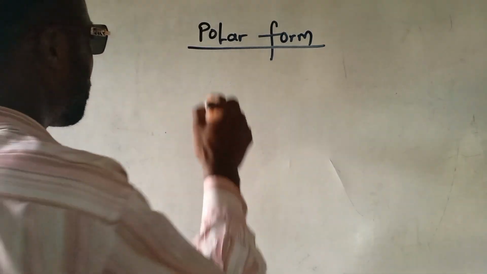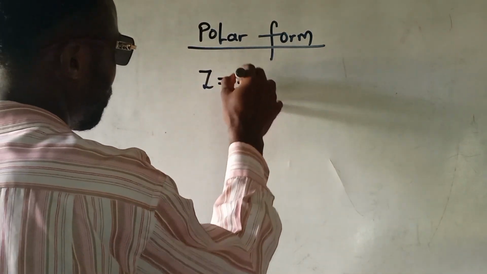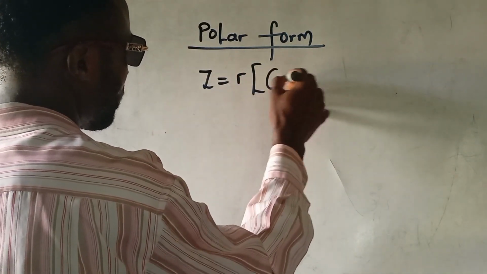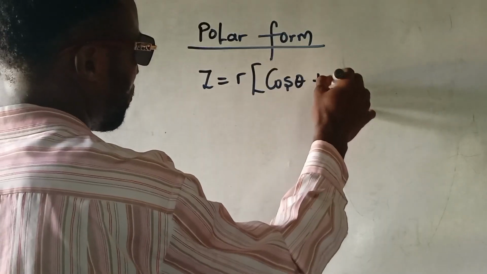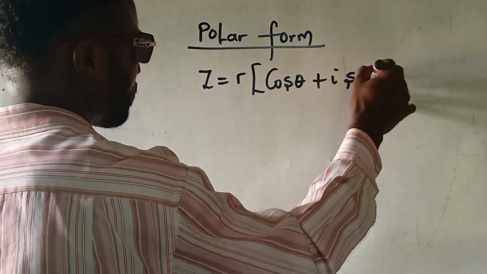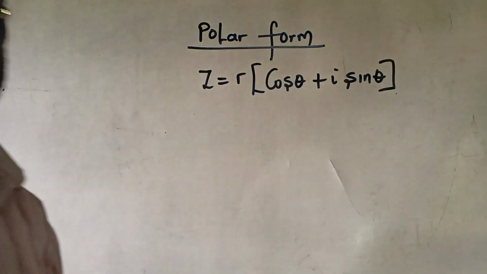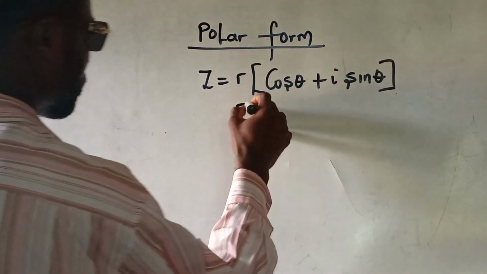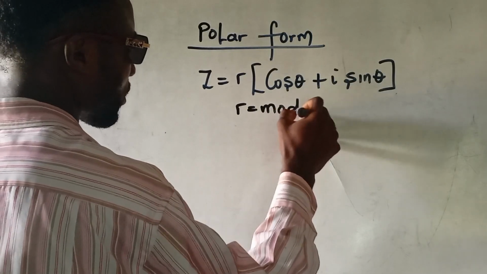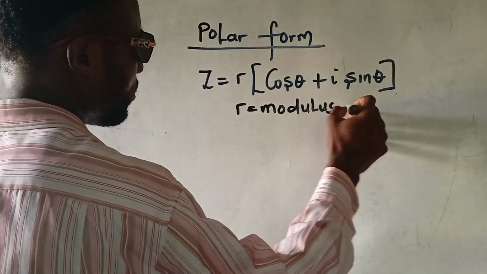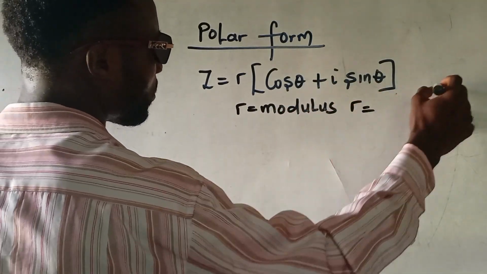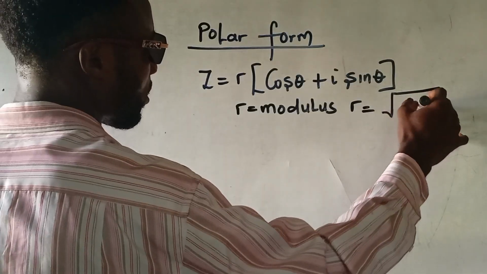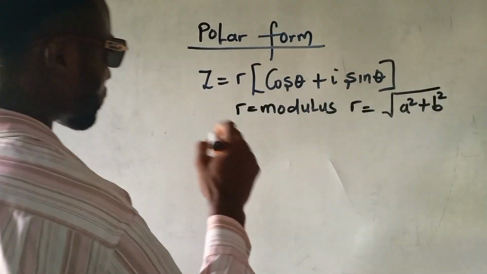If you check my last video, we were talking about the formula for calculating polar form. R is equal to the modulus, and the formula for calculating the modulus is R is equal to the square root of A squared plus B squared.